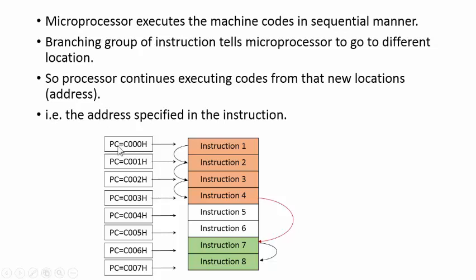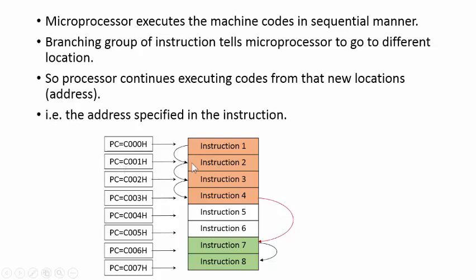So suppose the program counter has the address C000H and the first instruction is in the memory. Then after the first instruction gets executed, the program counter gets incremented by 1, so in the PC you will get C001.